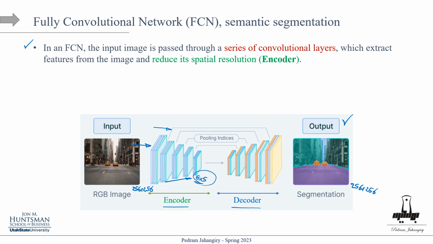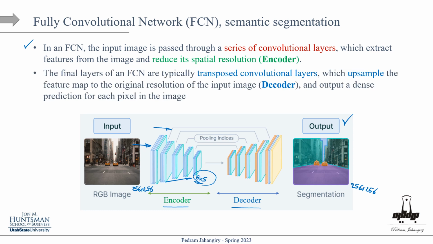For that reason, we're going to use convolutional transpose layers, which we talked about in the second part of the theory lectures. That's the decoding part, which uses a bunch of transposed convolutional layers simply to upsample the feature maps to the original resolution of the input image.